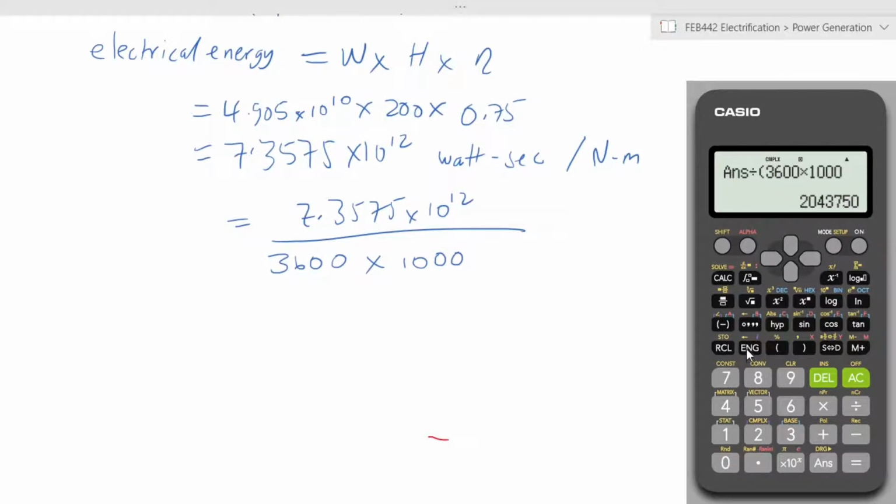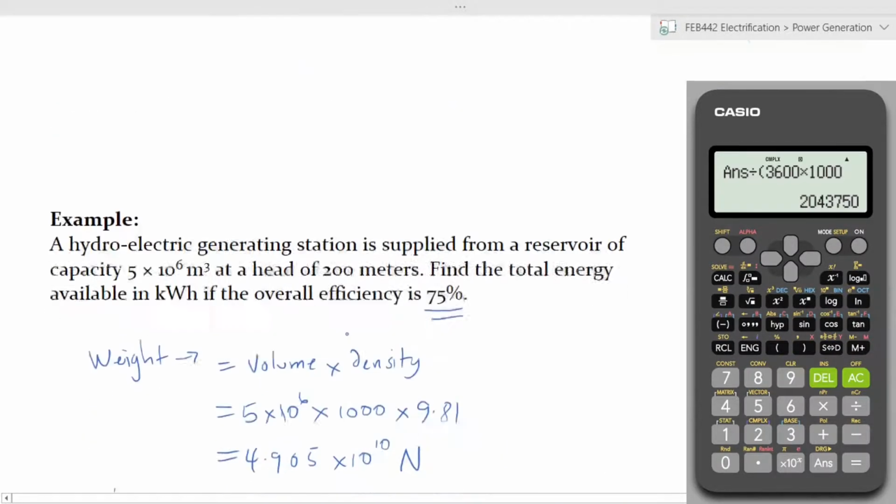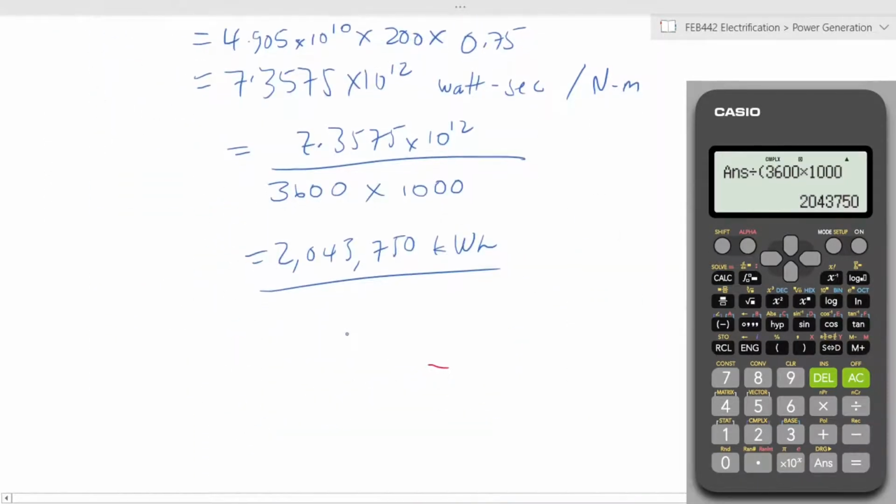And that gives you 2,043,750 kilowatt hours. So this is the amount of energy that you can have in a whole 5 million cubic meter reservoir of water.